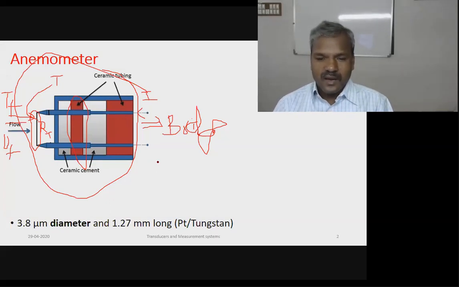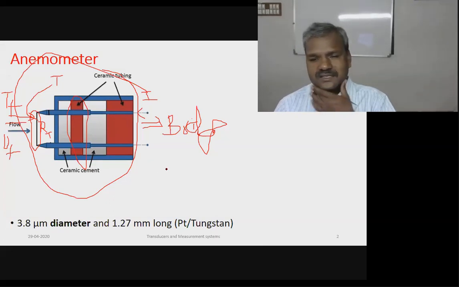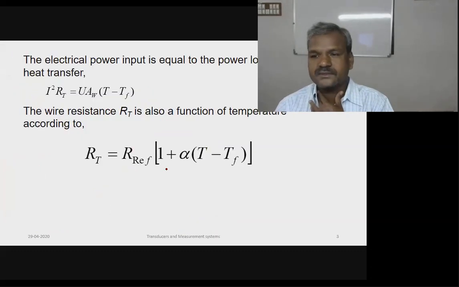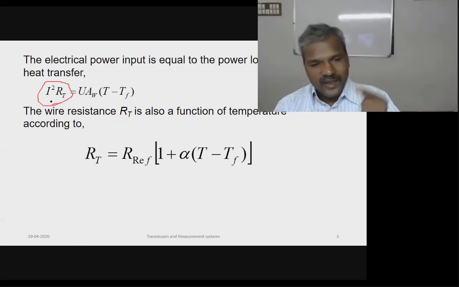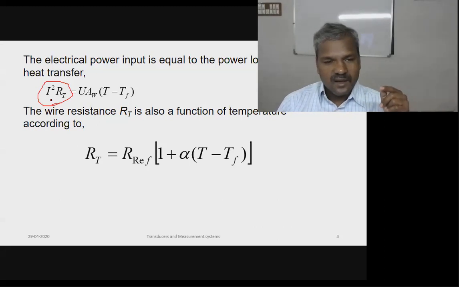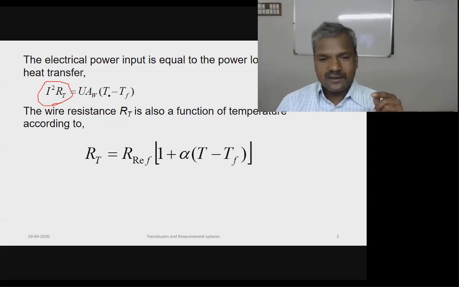So we have another parameter, U, the overall heat transfer coefficient. According to King's law, when the electrical power is equal to the power lost to convective heat transfer, the I square R loss in the sensor wire, the anemometer wire, equals UA into T minus TF.